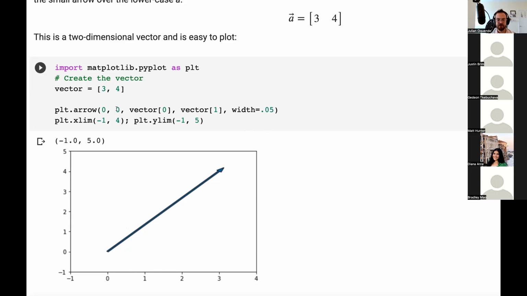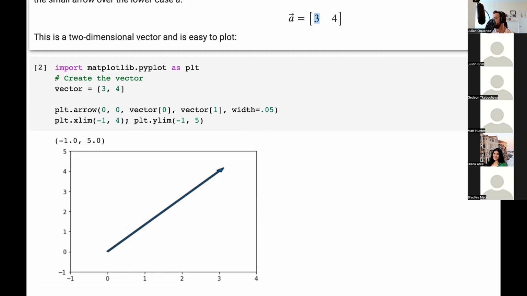With this arrow that we've just created, we've got a vector that begins at origin 0, 0. And from this value for 3, we can identify that this is a value that moves, with your 3, 3 spaces on the x-axis to the right, and on the y-axis, it moves up 4 spaces.